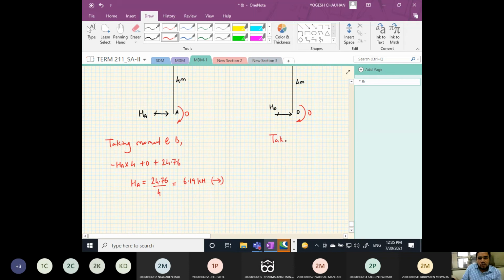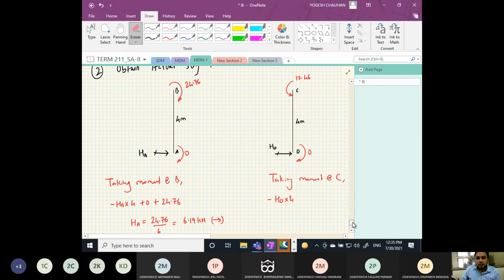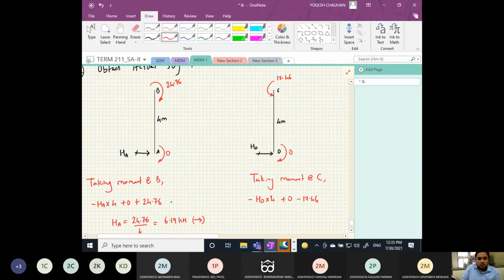Then taking moment at C, you will have HD into 4 negative, because this is causing anti-clockwise moment at C, plus 0 because the moment at D is 0, minus 17.46 because this is anti-clockwise, equal to 0.